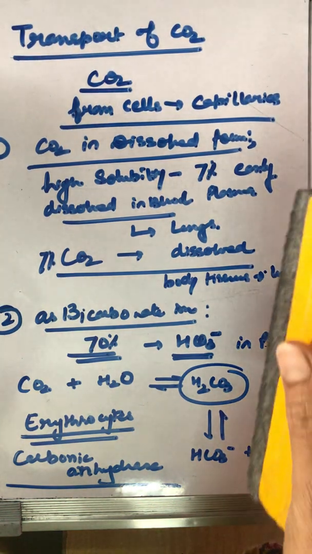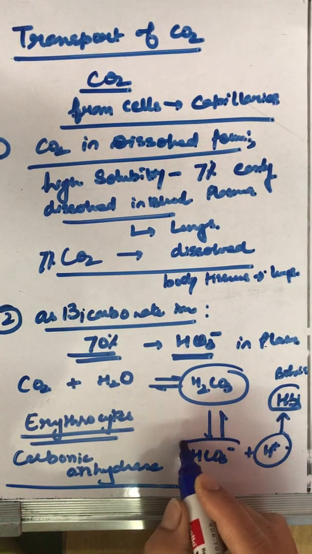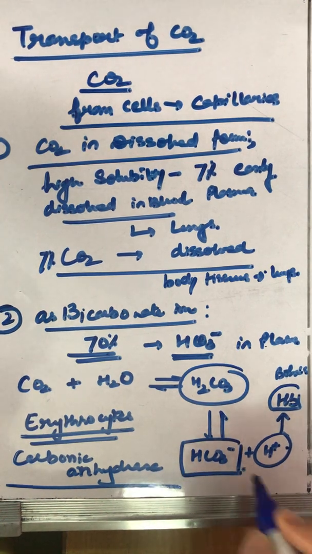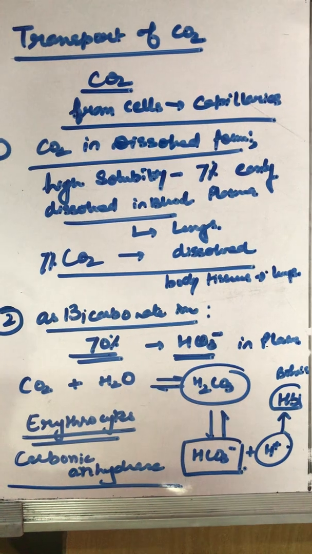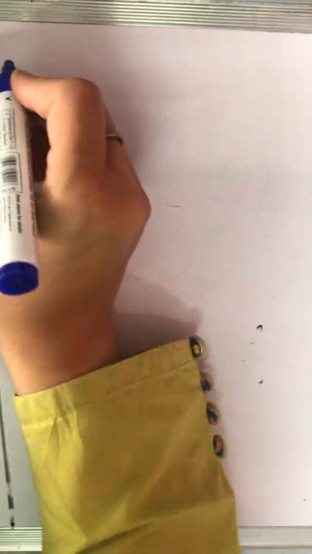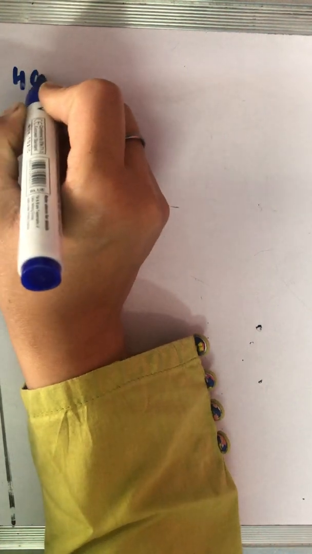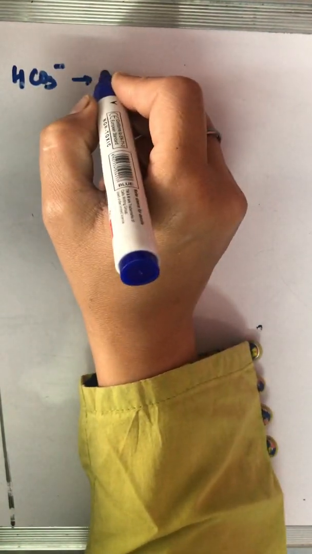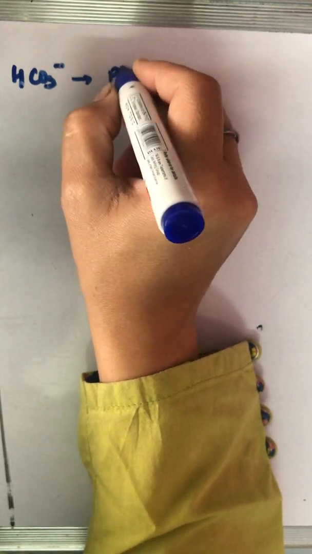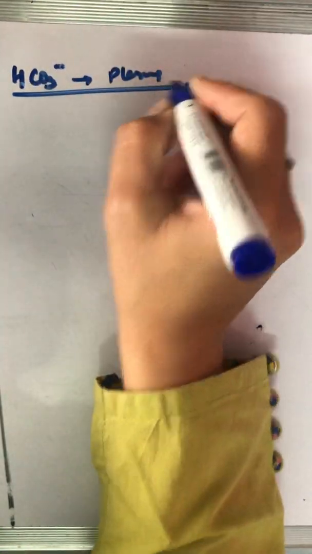What is it? This bicarbonate ion content of RBC is much greater than in plasma. So what happens?